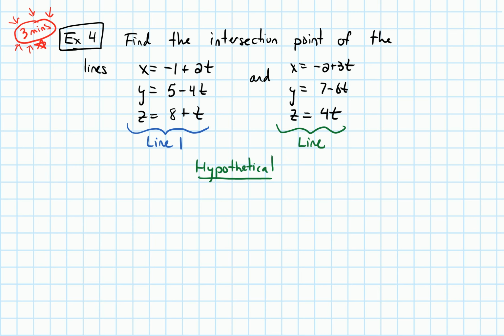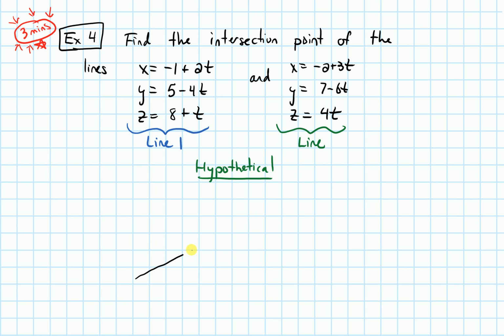Because if the way you thought about this was, oh, I want to find an intersection point, so I set some x's equal, I set some y's equal, I set some z's equal, and then try to solve those, it turns out it doesn't work. And maybe while you were pausing the video, you realized that there was an issue with that because you ran into a problem when you try to solve. So I want to try to illustrate why with a picture.